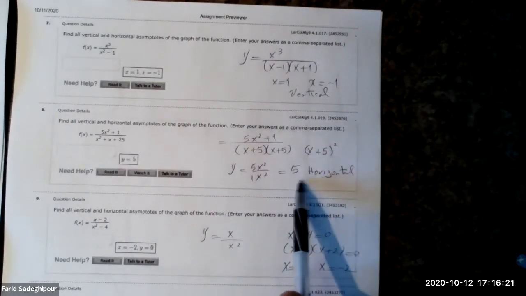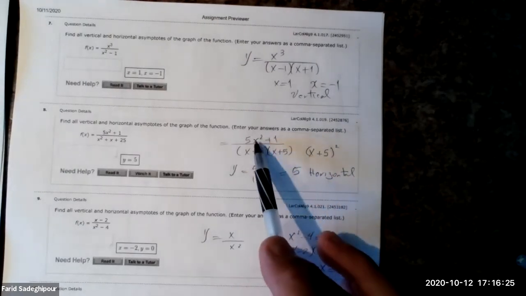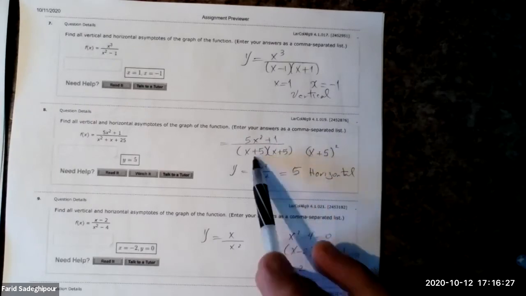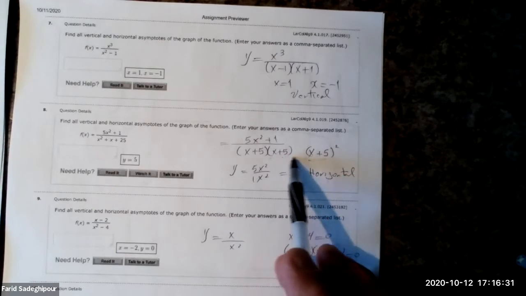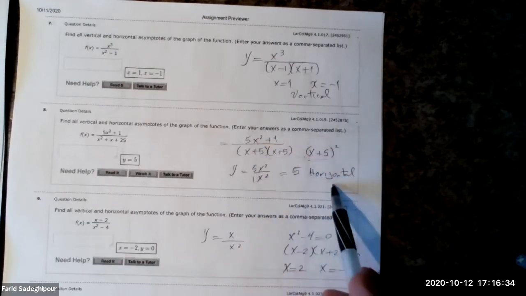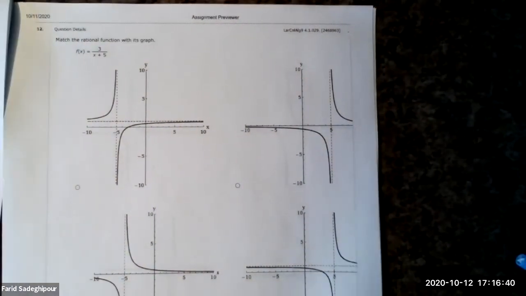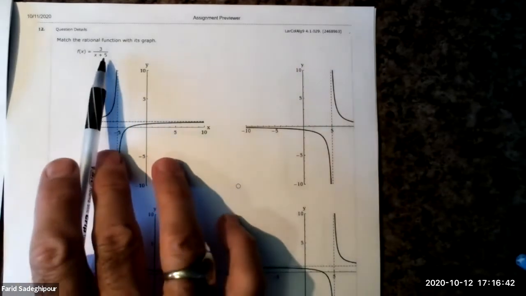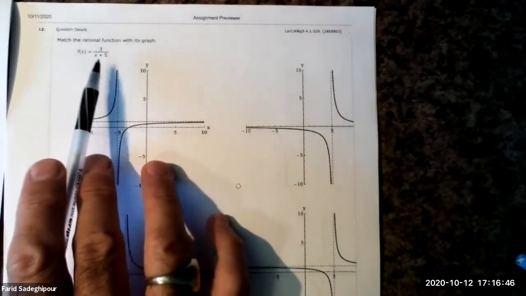Like in this one, remember to find the horizontal asymptote, you always look at the highest power of x on the top and the highest power of x on the bottom, which is x² plus and so on. For the vertical asymptote, you take the denominator and set it equal to 0. The asymptote is -5.